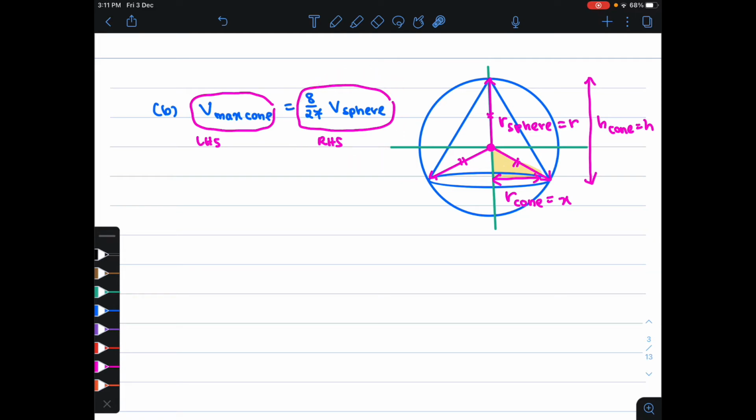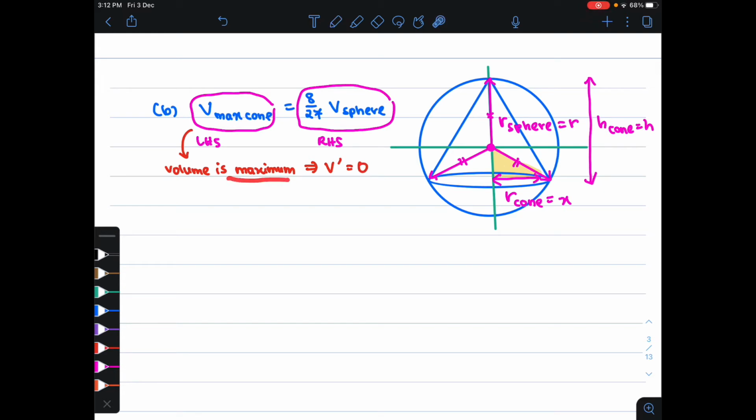Alright. Okay, so let's do the left hand side first. This means that you need to show that the volume is maximum. Okay, sebab dia kata volume maximum of cone kan. So, kamu kena faham kata ini maksudnya volume is maximum. Therefore, you can find V prime is equal to 0.